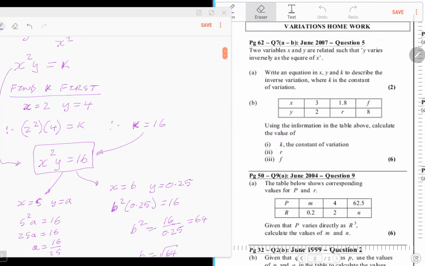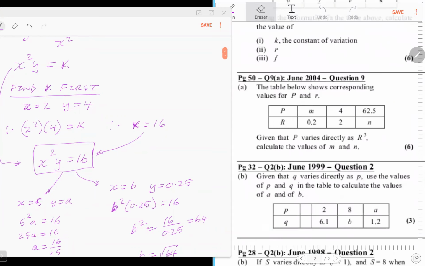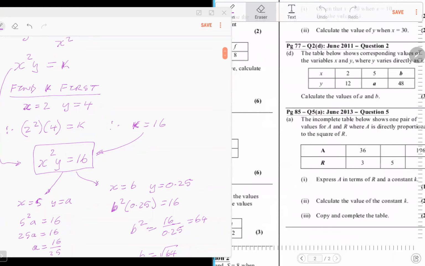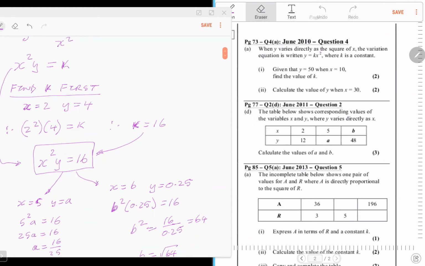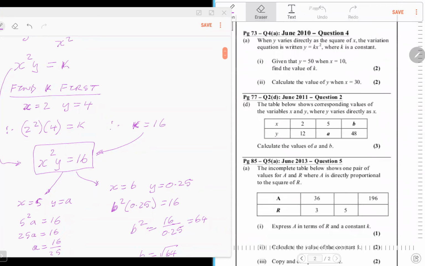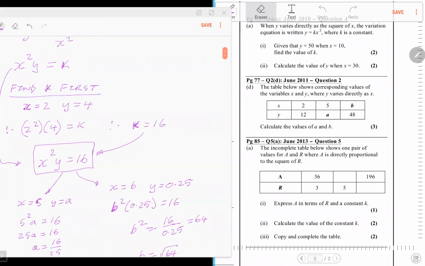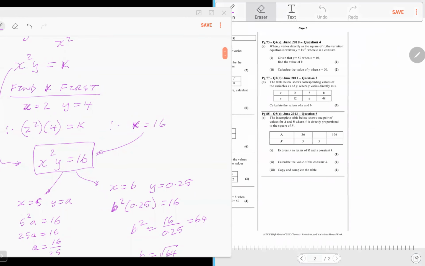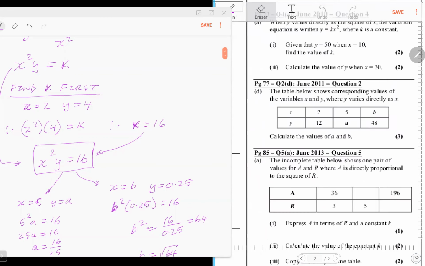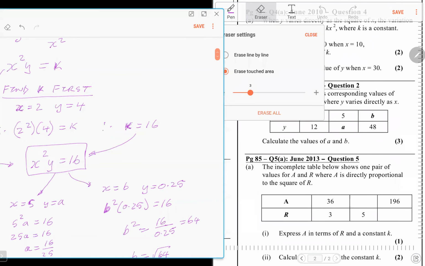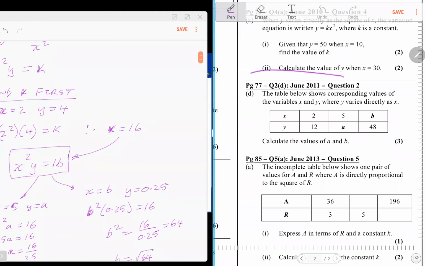That one is inverse, so I'll leave that one for you to do as homework. Let's look at one over here. All right, let's do this one right here, just for practice.